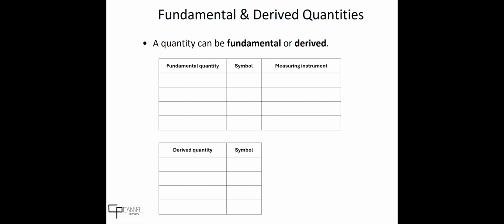But because they're both a measure of how far 2 points are apart from each other, we combine that into one quantity, which is distance, and we use lowercase d for that. We can use a ruler to measure that. I mean, you can use other things like a measuring tape, but I'll just give you one example of an instrument.